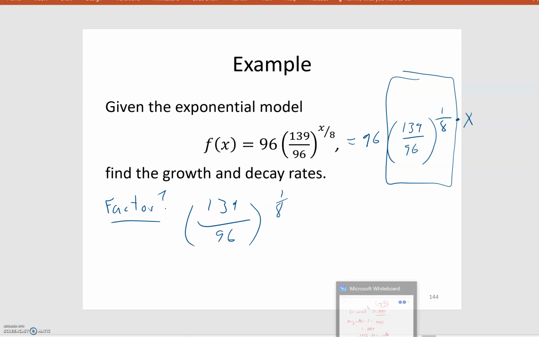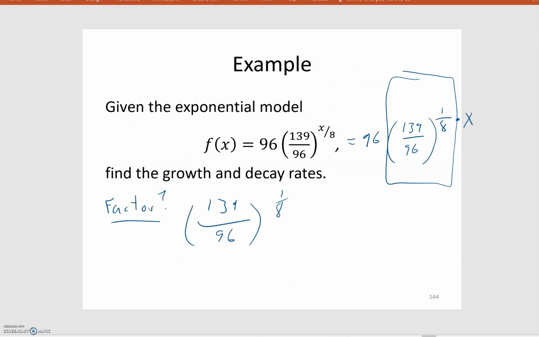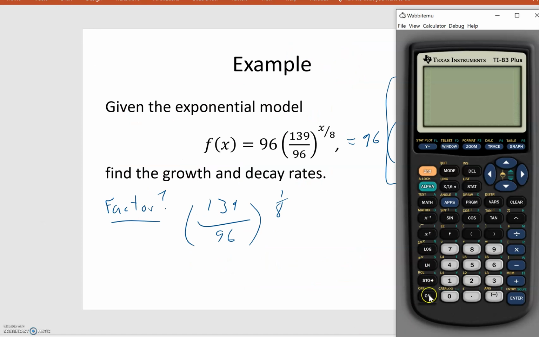Well, calculator, whoops. And I would use a lot of parentheses here, personally. Okay, and that is my factor.